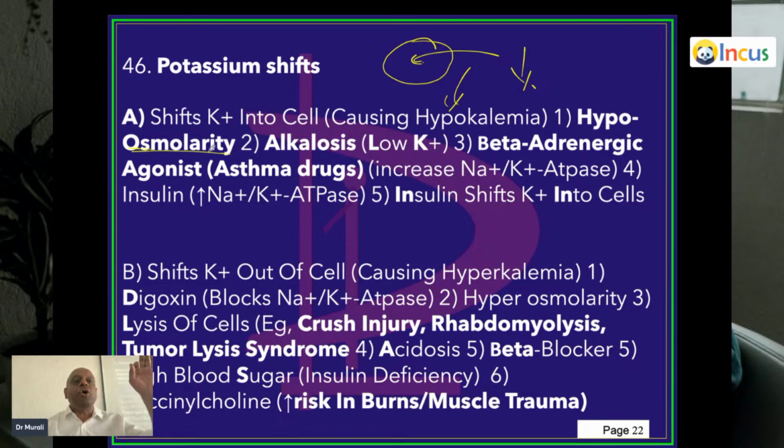So hypoosmolarity. Suppose your plasma has more water, the osmolarity of the plasma becomes low. If the plasma has a lot of glucose, you get a hyperosmolar plasma. If you give mannitol injection in a cerebral edema patient, mannitol is an osmotically active substance and that leads to hyperosmolarity of plasma.